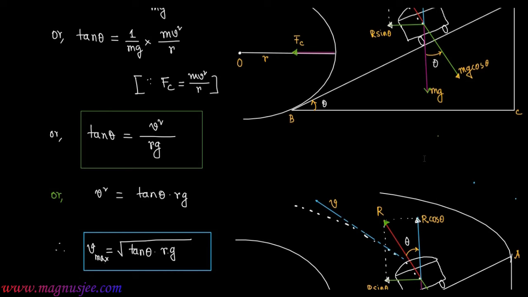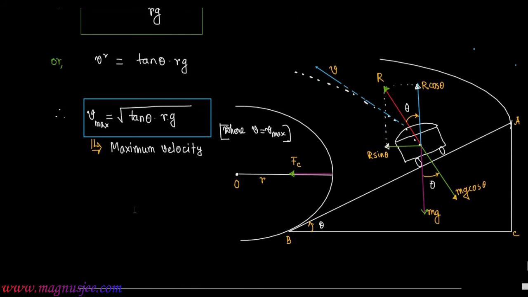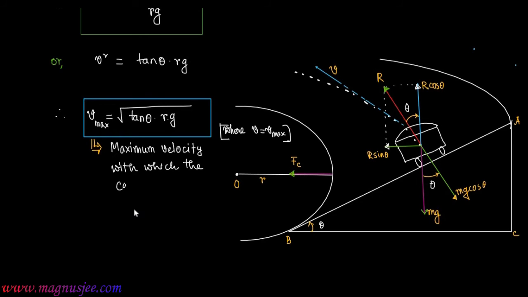V max is equal to root over tan theta rg, where this velocity v is denoted by V max, the maximum velocity with which the car can take a turn around the inclined curved road.